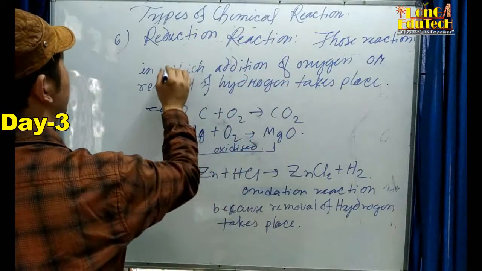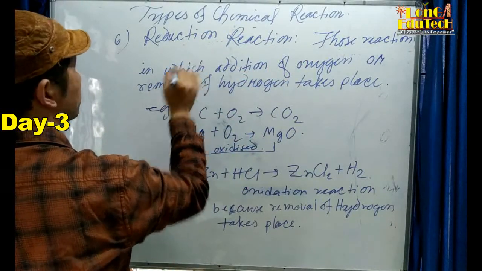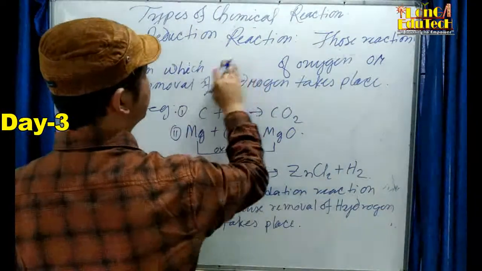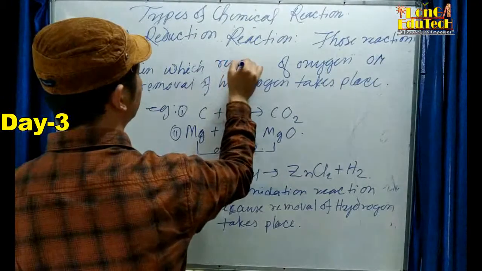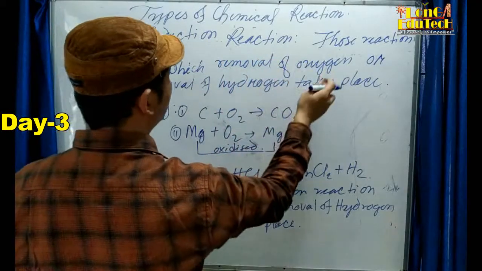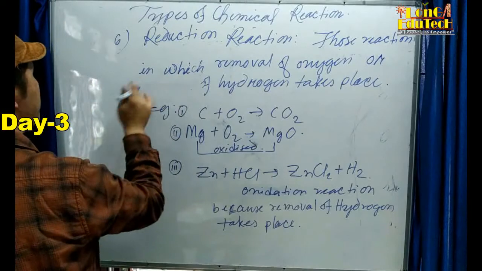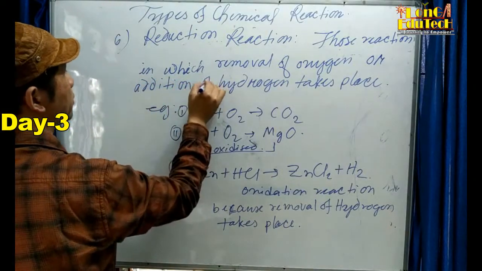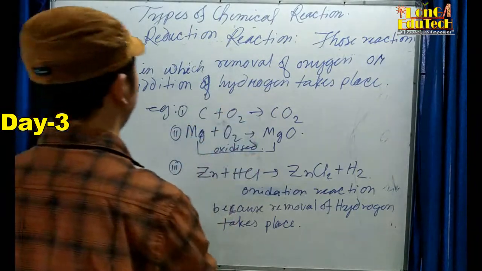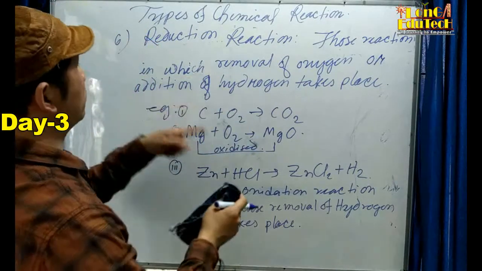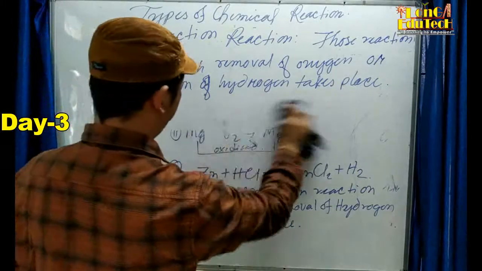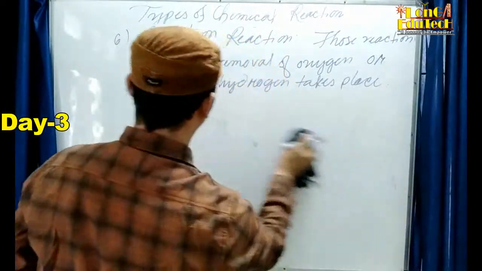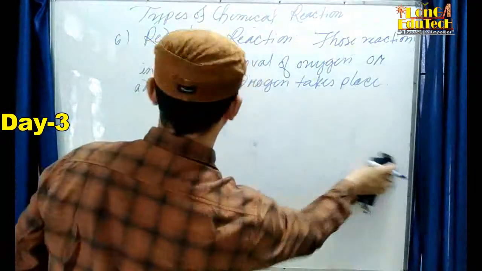Those reactions in which, here just opposite, removal of oxygen or addition of hydrogen takes place. Just the opposite of oxidation, you know. Addition of hydrogen and removal of the oxygen is going to take place.